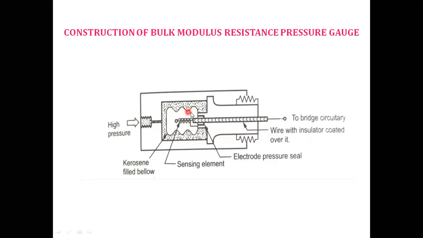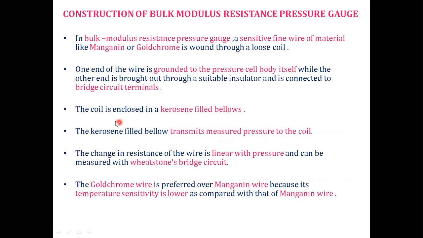If we apply pressure, the elongation of this bellow may take place, and that entire pressure is going to be sensed by this coil and transmitted through this insulated wire to the bridge circuit. The change in the resistance of the wire is linear with pressure and can be measured with a Wheatstone bridge.